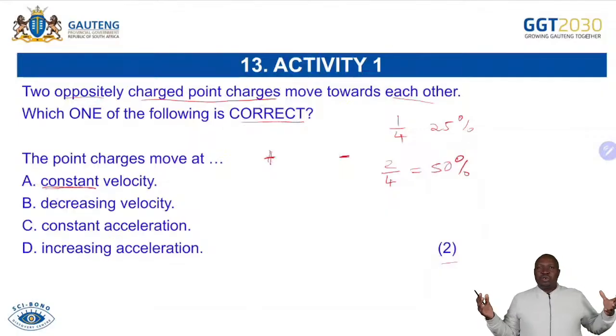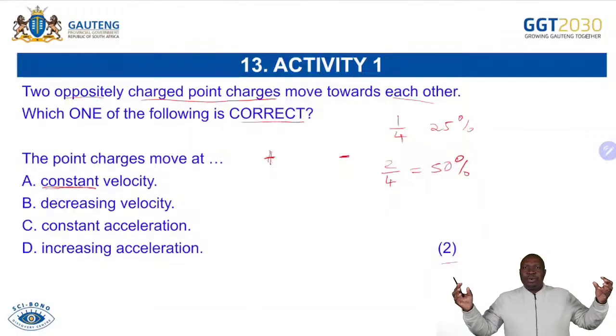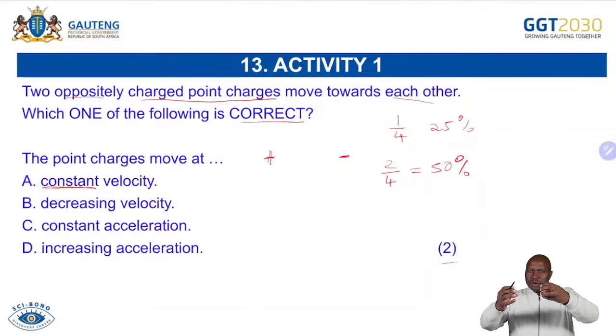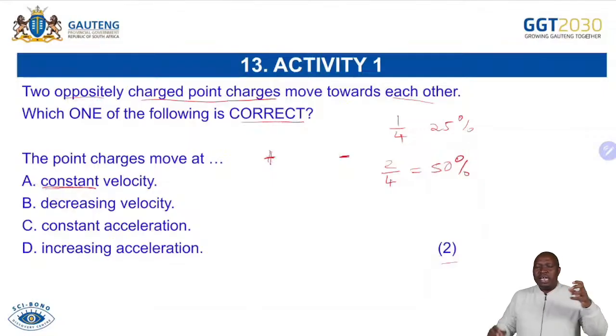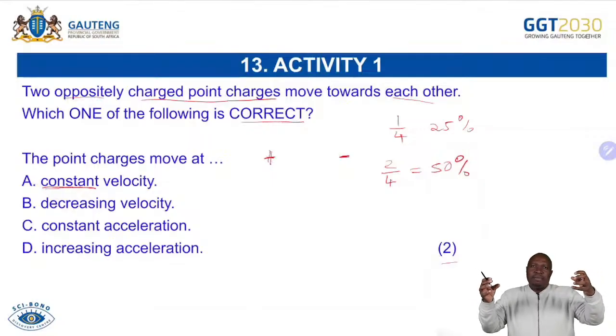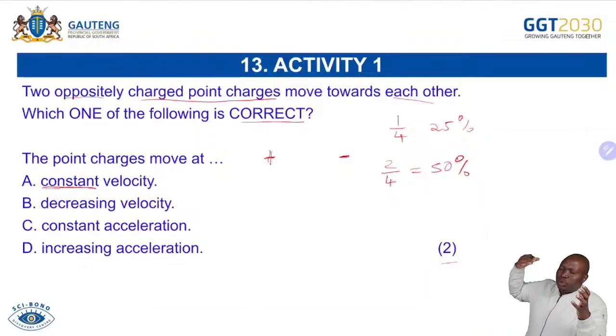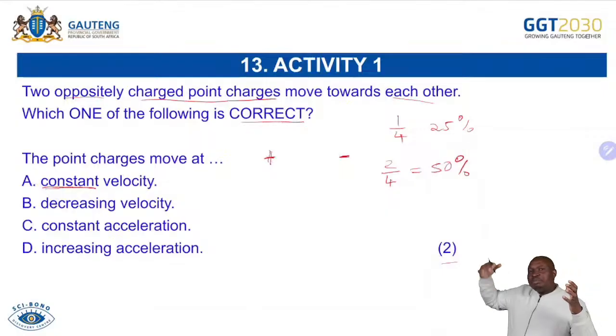Remember, I think I've shown you with the magnetic field to say as you bring the north and the south pole closer, you can see that as they become closer to each other, they are moving even much faster because the force is increasing. As we decrease the distance between them, the force increases. Remember we said the electrostatic force is inversely proportional to the square of the distance between them.